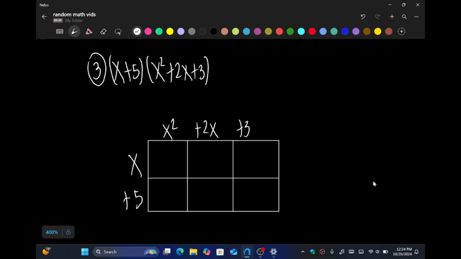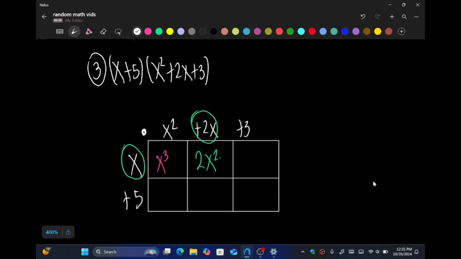So again, this always means that you're multiplying. So x times x squared, that's x cubed, right? And then x times 2x, that's plus 2x squared.